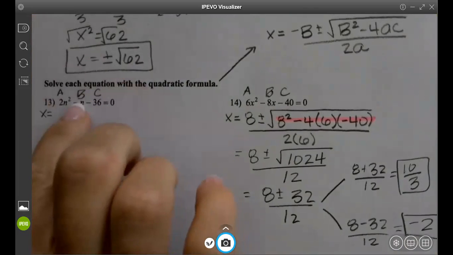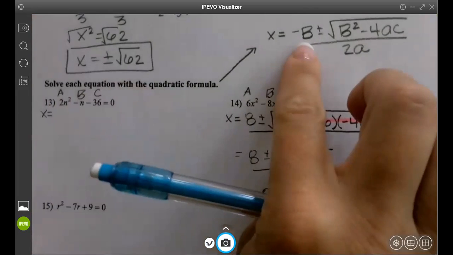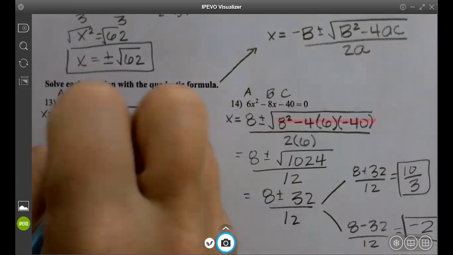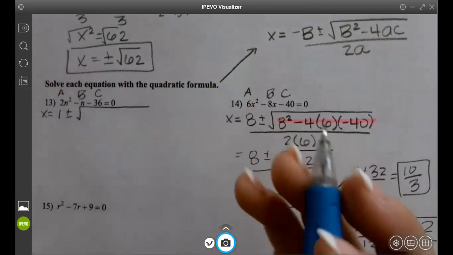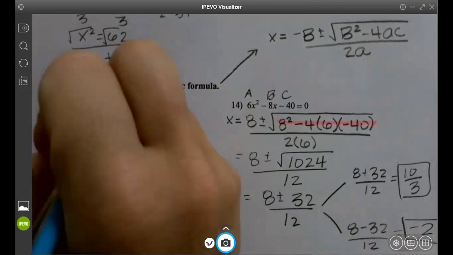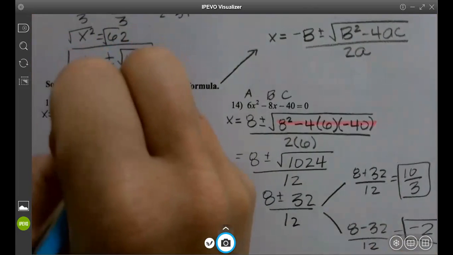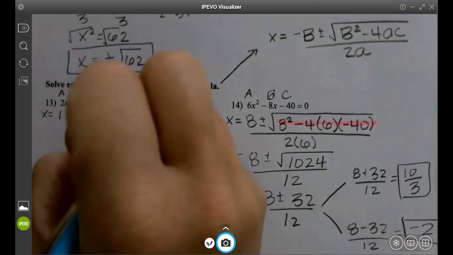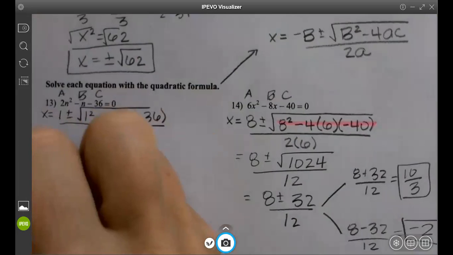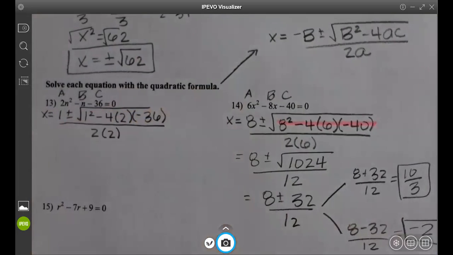Right now, B is negative 1. It says change the sign, so it's going to turn into what? Positive 1. Plus or minus, big fat square root. What was B again? 1 squared. Minus 4 times A is 2. C is negative 36. All over 2 times A is 2.